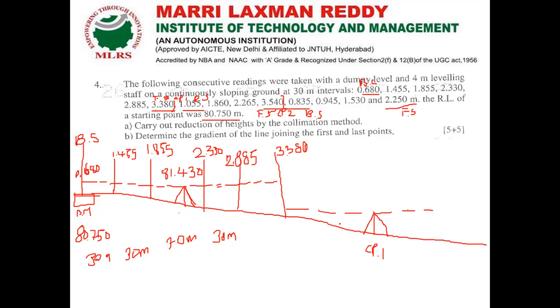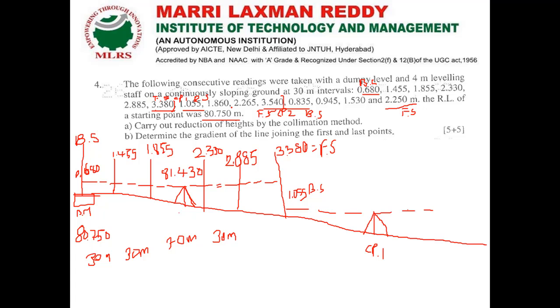Whatever reading I get now is my backsight for the next point. Here the reading is 1.055, so this should be written in the backsight, and the earlier reading at foresight.